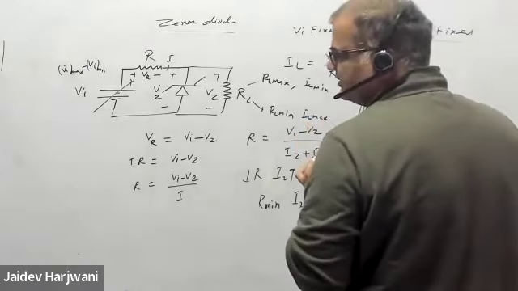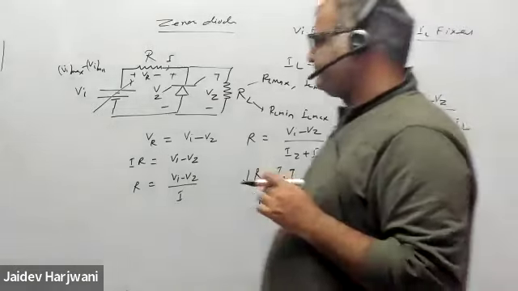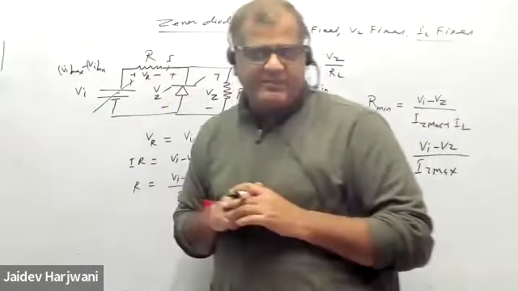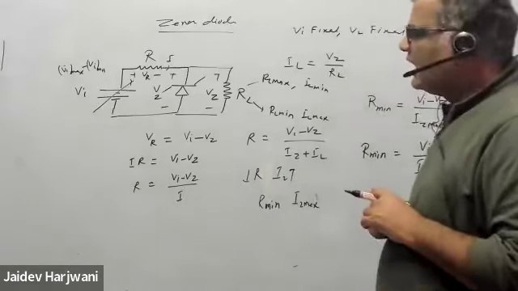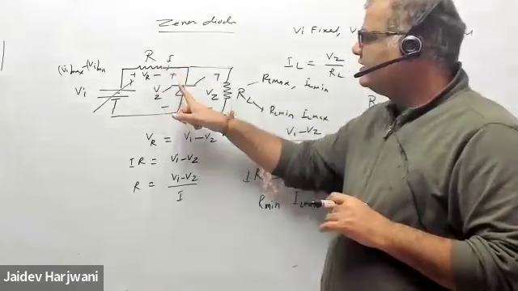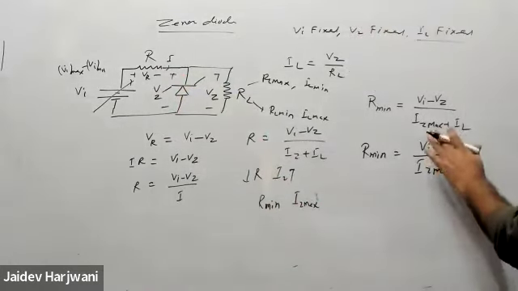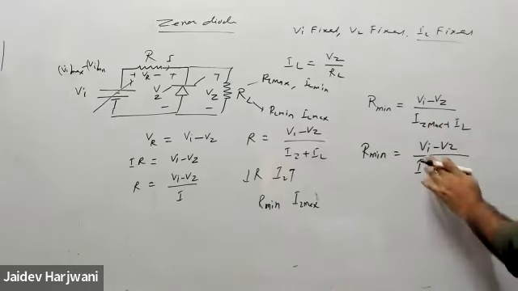This is also varying. So in that case, what should be the limit of R minimum? R minimum is always the value when this should become IZ max. So you can always use this formula for R minimum.